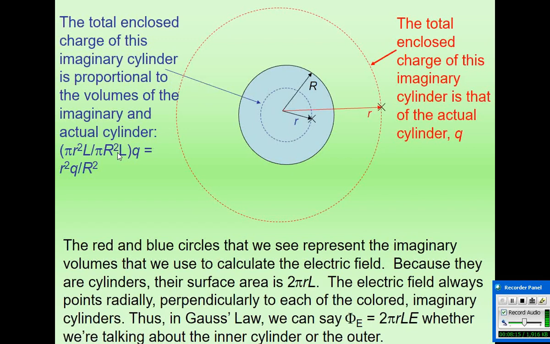Now, one of these expressions applies to inside the cylinder, and the other expression applies to outside the cylinder. But in both cases, the electric flux is 2 pi r L E. Notice that's a little r. We're talking about the radius of the imaginary surface when we determine the flux through that imaginary surface.